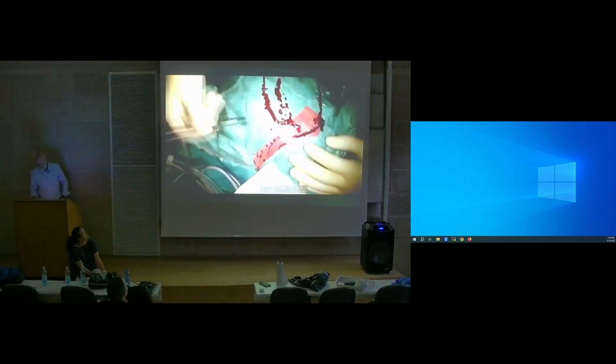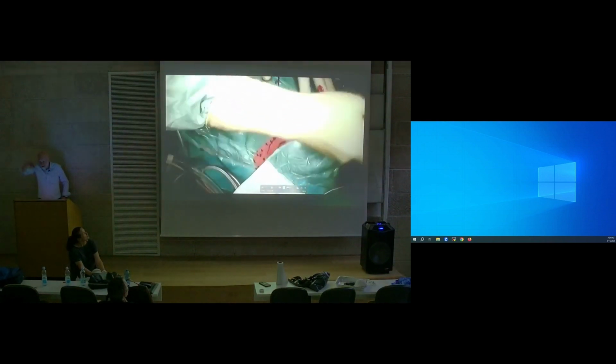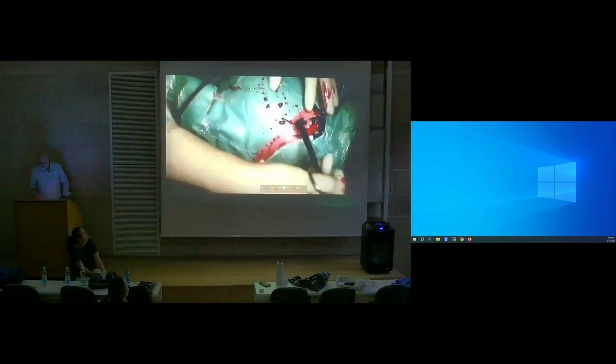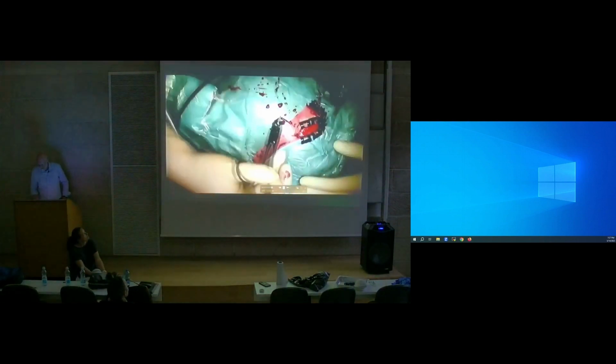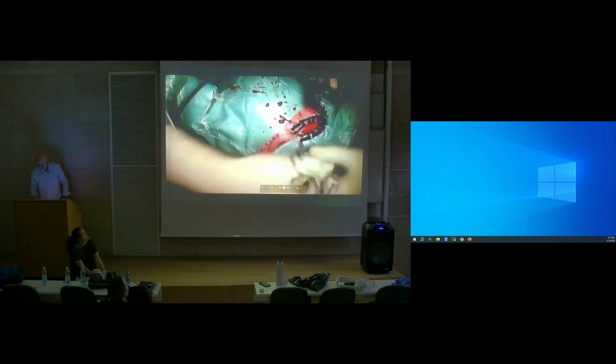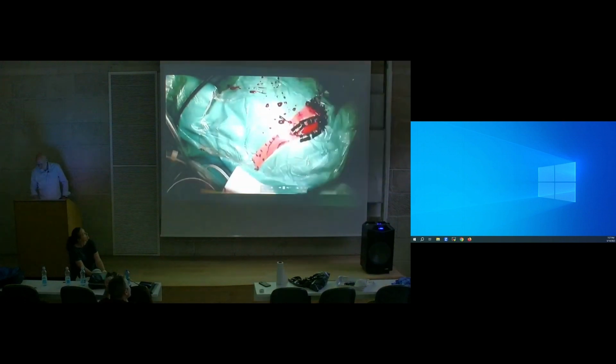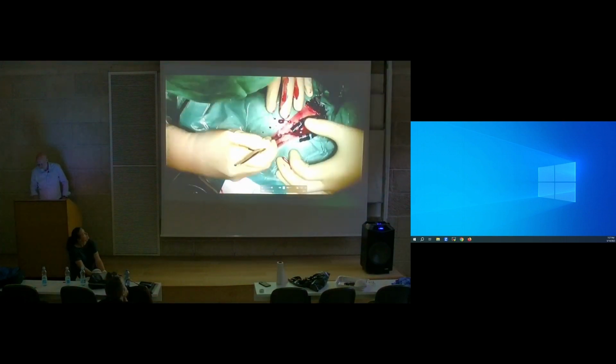Of course, there is always a little bleeding, and to stop the bleeding, we put in clamps, which shut down the vessels, and attach the sterile drape. So if I worked, this would be real time. This is a little slower.